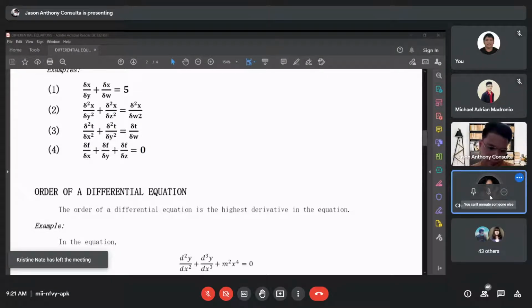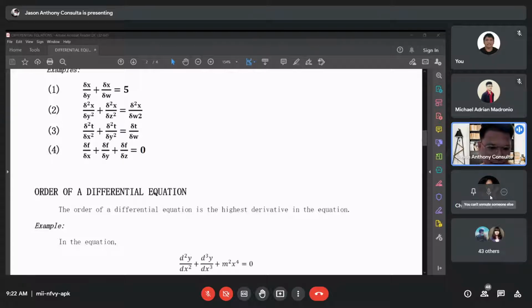The second derivative of y with respect to x plus the third derivative of y with respect to x plus m squared x to the fourth is equal to 0. Okay. So, order po niyan is yung third po, sir. So, the third order. Okay?